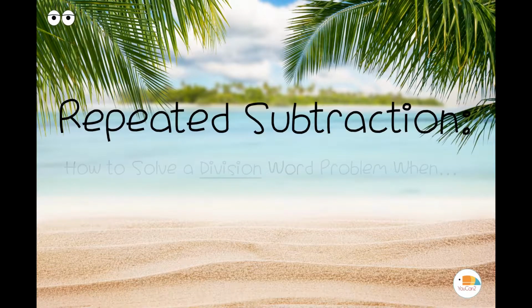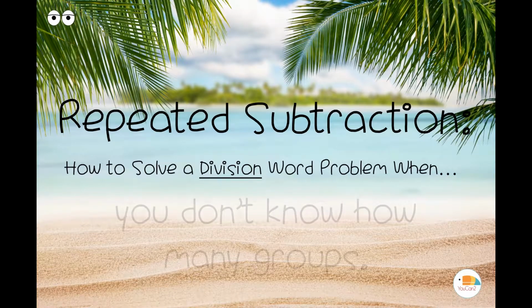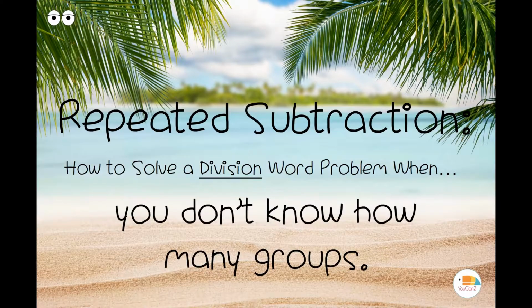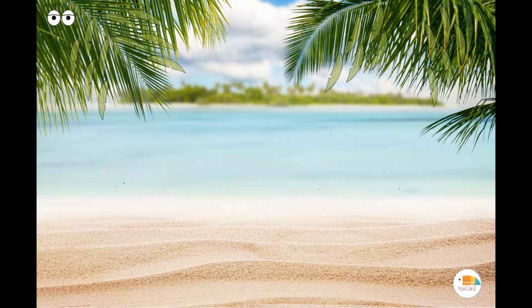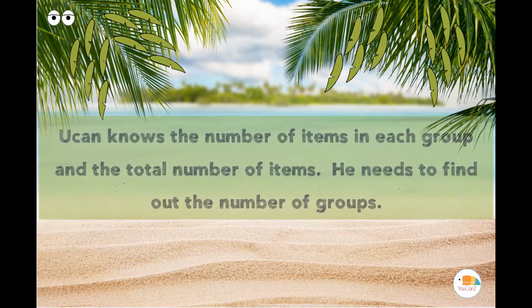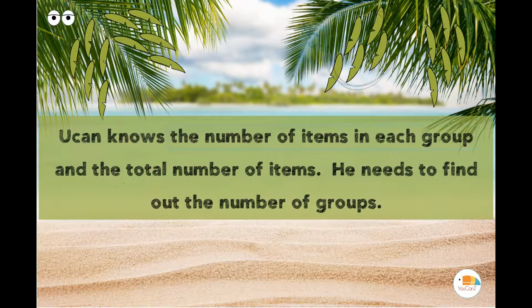More crafts, Ucan? But this time you don't know how many kids are going to show up. You do know that there's some leaves left in the tree. There's only 20 that you could pick. And you know that each of the kids that come is going to need 5 leaves. So you know the number of items you're going to need in each group.